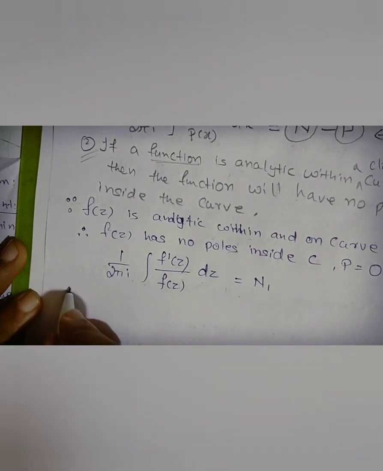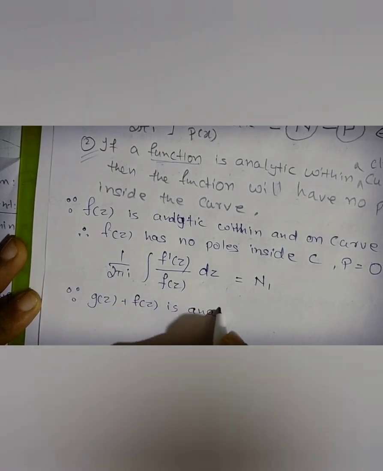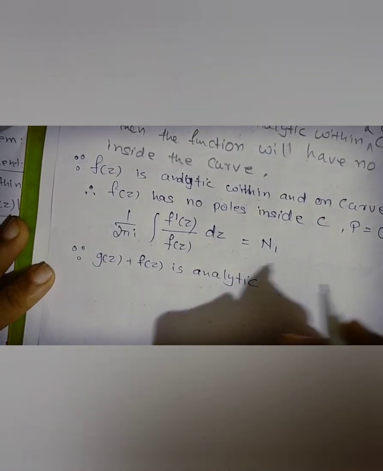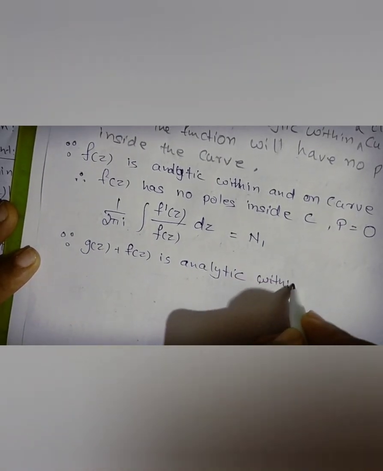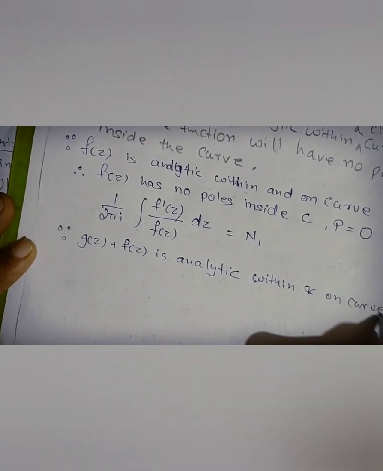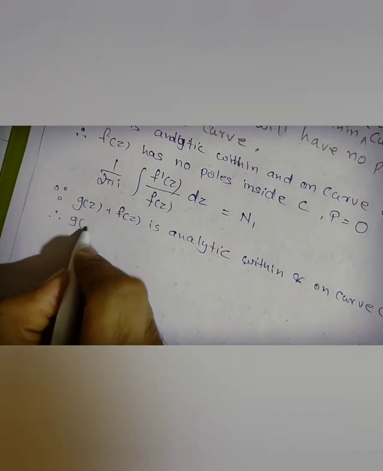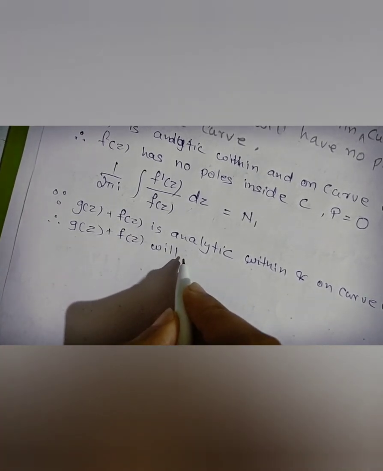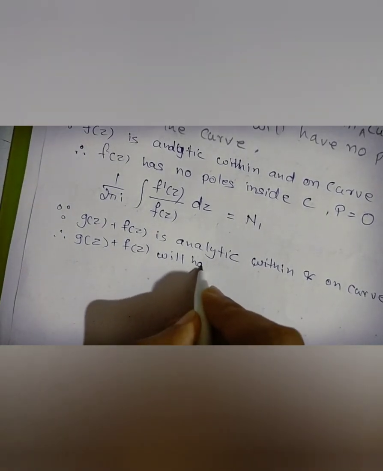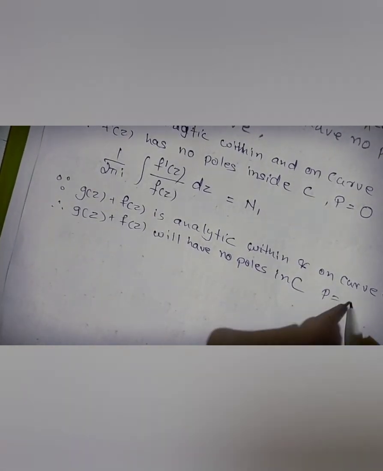Since g of z plus f of z is analytic within and on the curve C, therefore my function g of z plus f of z will have no poles in C. That means in this scenario also my p will be equal to 0.